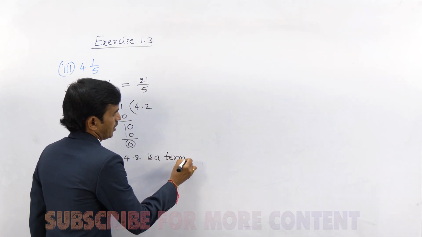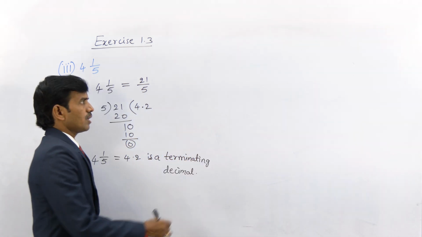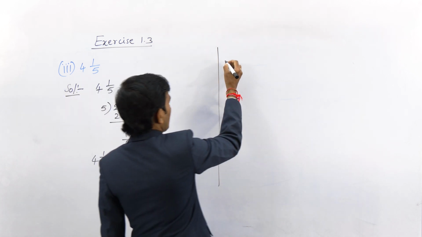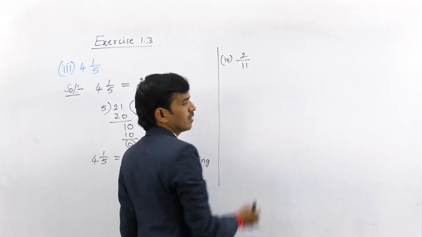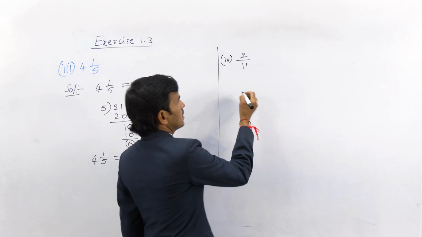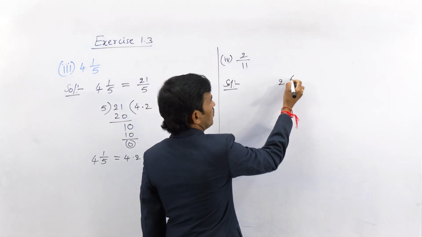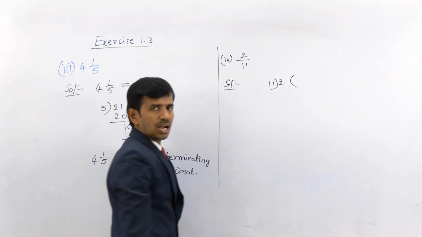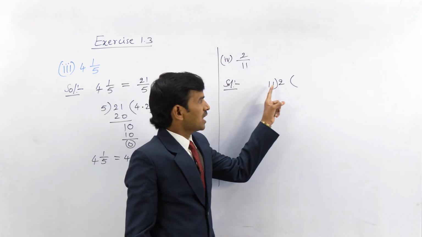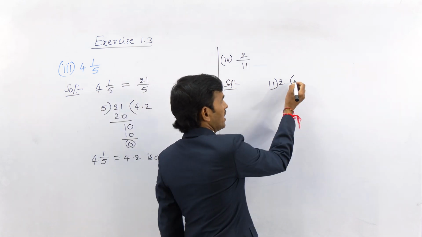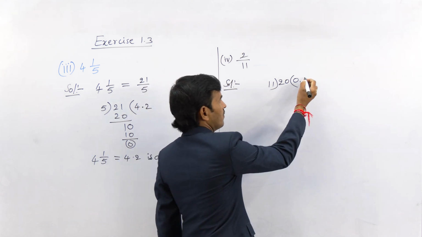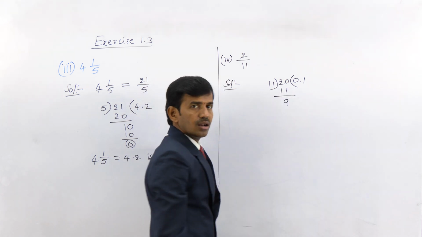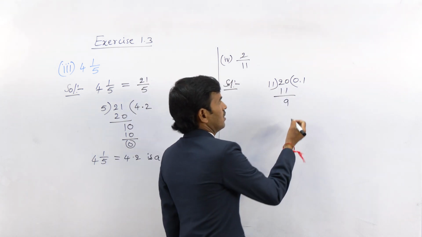Next let us see the next question, that is 2 by 11. In this, the numerator 2 is going to be divided by 11. As 2 is less than 11, we can take a decimal point here and put 0. 11 1s are 11, 9 is left over.